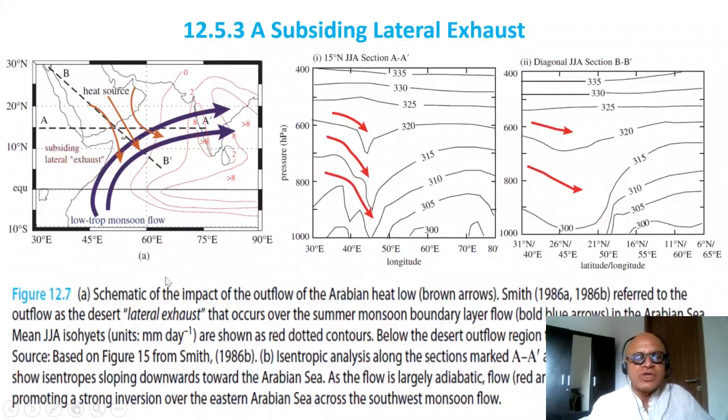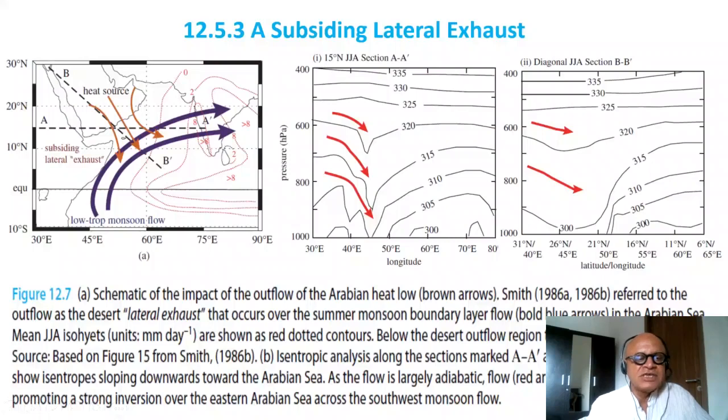Okay, so this is showing the schematic of the impact of the outflow of the Arabian heat low, which is these brown arrows here. Smith et al. referred to outflow as the desert lateral exhaust that occurs over the summer monsoon boundary layer flow. These are the bold blue arrows here, the southwesterly flow that we all very well know about in the monsoon circulation.